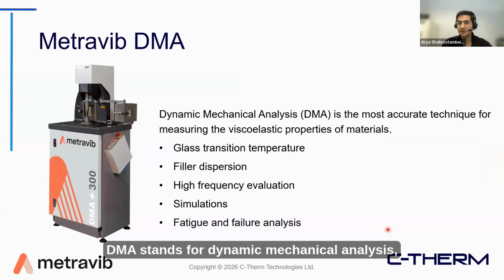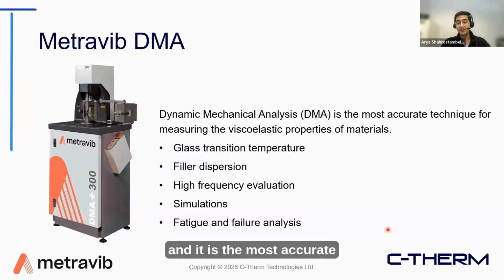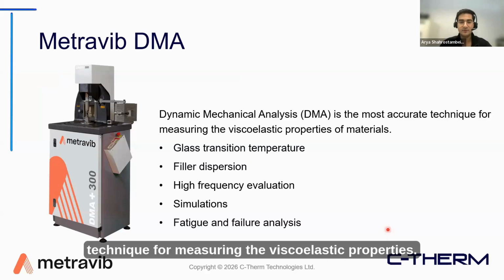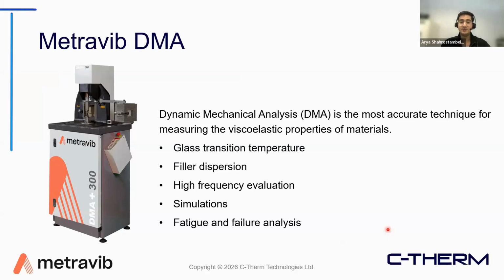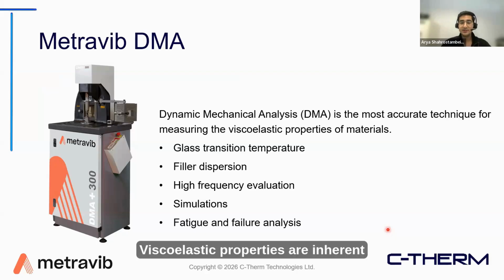DMA stands for Dynamic Mechanical Analysis, and it is the most accurate technique for measuring the viscoelastic properties of materials. Viscoelastic properties are inherent to different materials, for example, polymers that are used quite often for robotic systems and robotic applications. A few bullet points I want to mention here, which DMA can help us with.